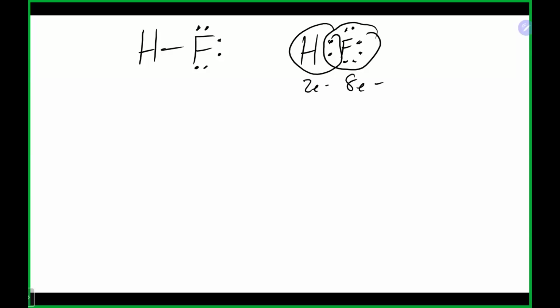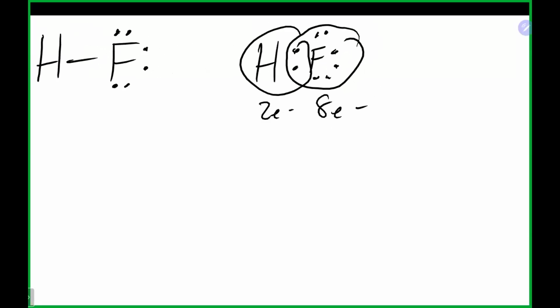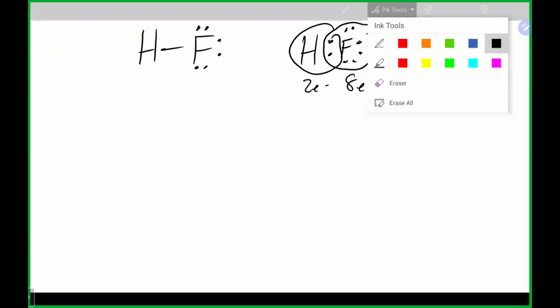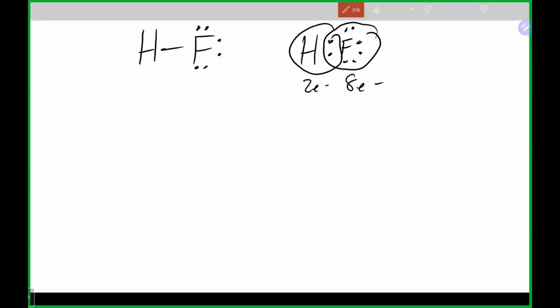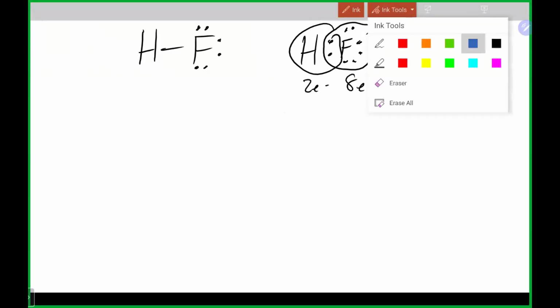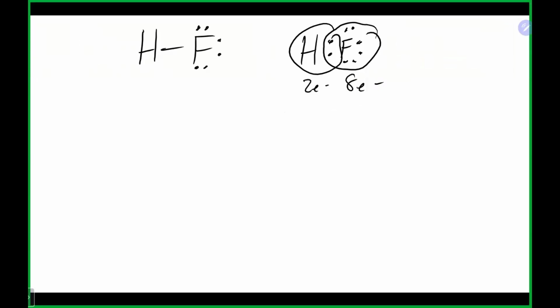Because fluorine is more electronegative, which means it likes to bring electrons towards itself, in terms of our electron density, instead of it all being equal, we're going to get a lot more electron density on the fluorine side of the bond rather than the hydrogen side.